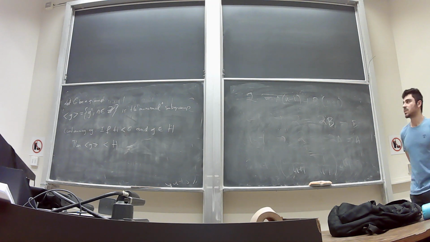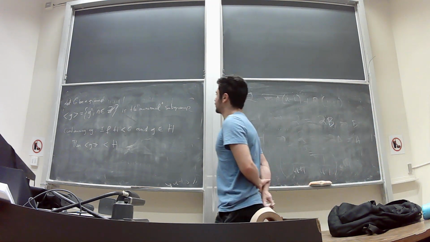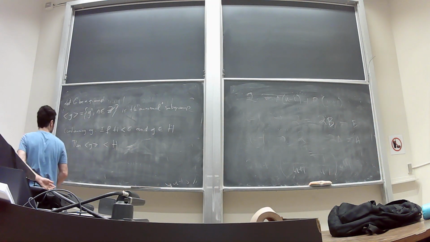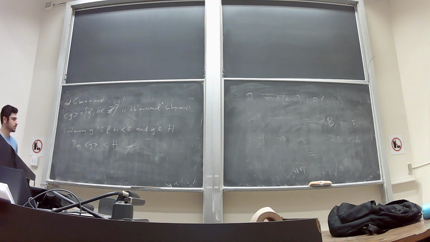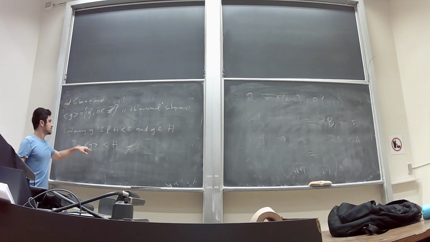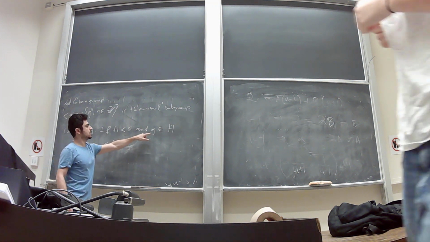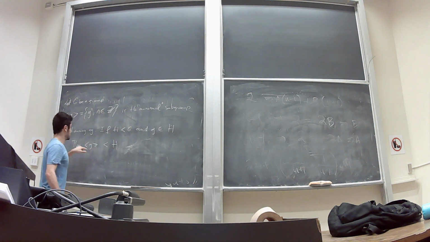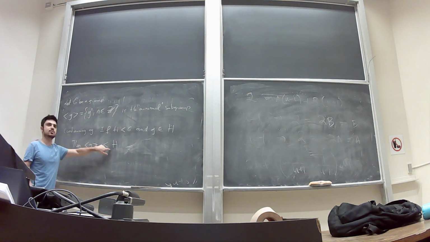This is what minimal means. It is not really a mathematical word here, but if G is in H, then the subgroup generated by G is a subgroup of H.